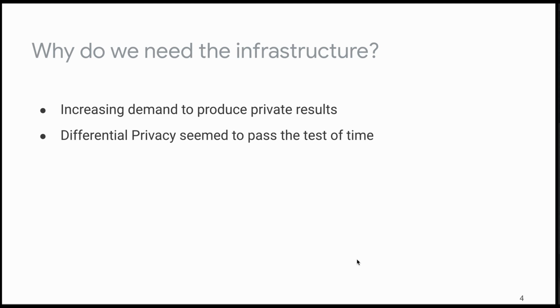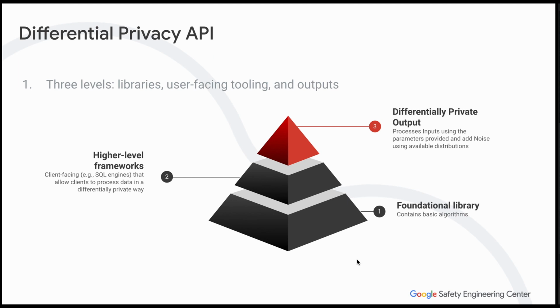Therefore, we started exploring the idea of offering some basic components for internal teams who might be willing to try to use differential privacy. This is how we ended up with the idea of building foundational infrastructure that are the building blocks libraries that power a lot of our internal offerings.